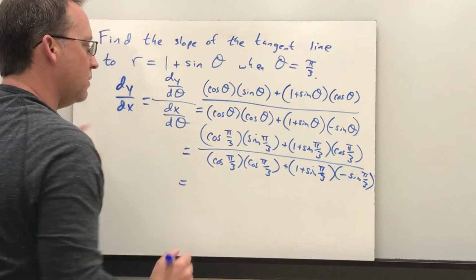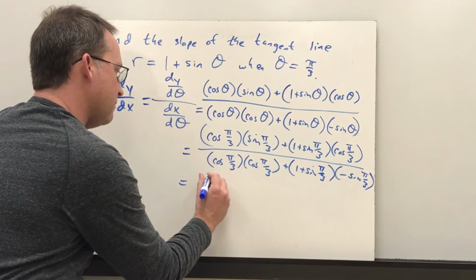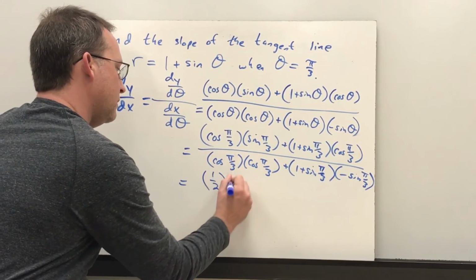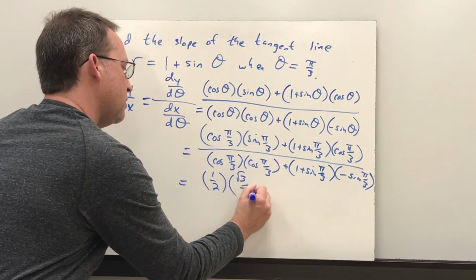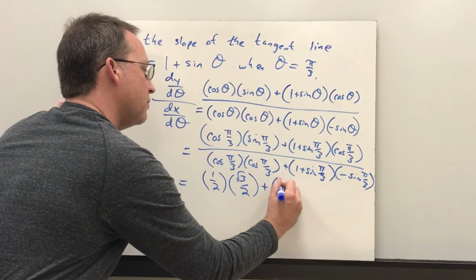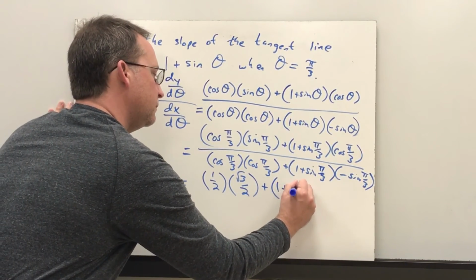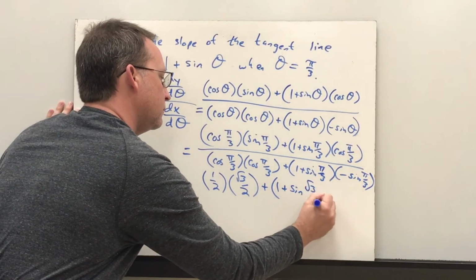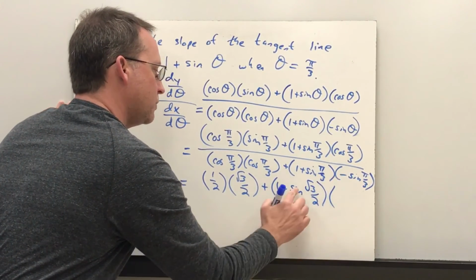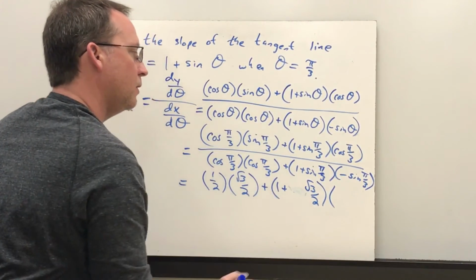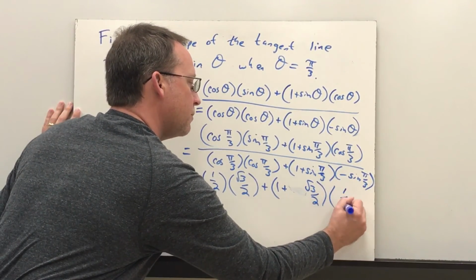All right, so now, let's see. I know cosine of pi over 3 is 1/2. I know sine of pi over 3 is radical 3 over 2. I'm going to substitute that in everywhere. And then cosine of pi over 3 is 1/2.